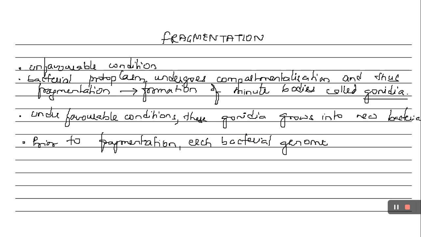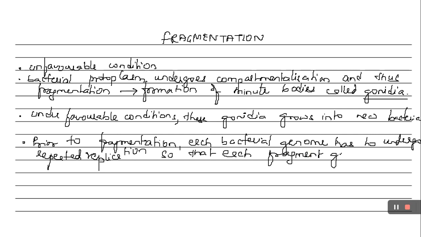The number of fragments equals the number of times the genome is replicated. The genome undergoes repeated replication so that it can transfer a copy to each of the fragments, and each fragment can develop into a new bacterial cell. So this is the process of fragmentation.